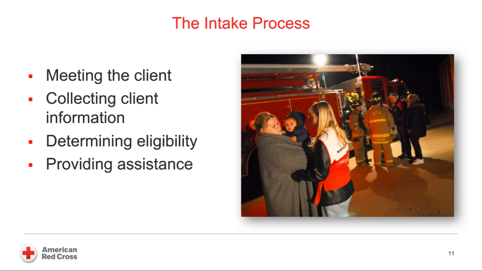The process also includes, as you know, collecting client information and determining program eligibility as we go through that information with the client. And finally, when appropriate, providing assistance to clients using the RC Care system, that client relationship management system, and creating a client contact record and case. Next slide, please.